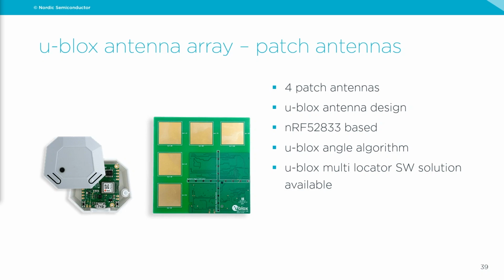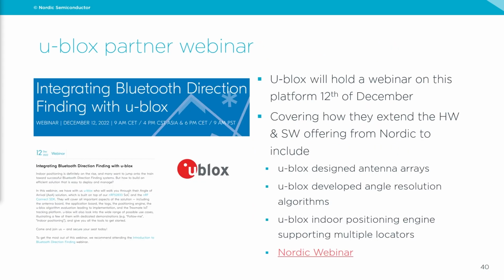It's again 52833 based, where they also have the angle algorithms and a u-blox multi-locator software solution available. So they have a complete solution, and they take care of everything above what we deliver. They build the application layer with the algorithms. They do the antenna design and link it up together, and they build the location engine.